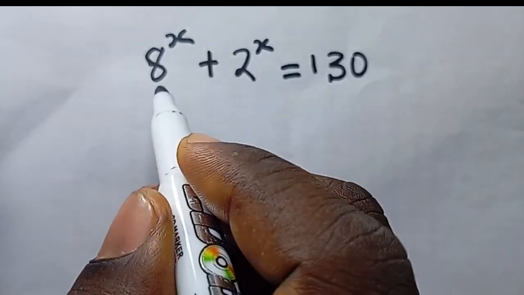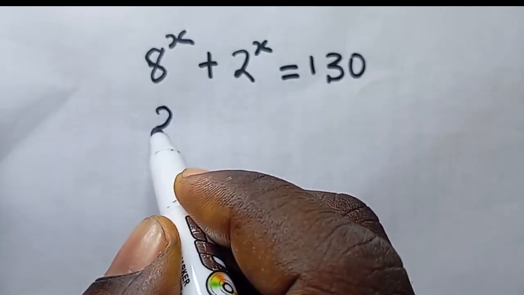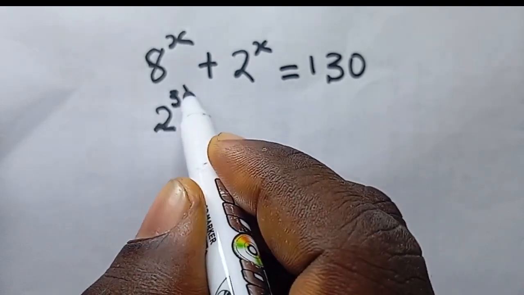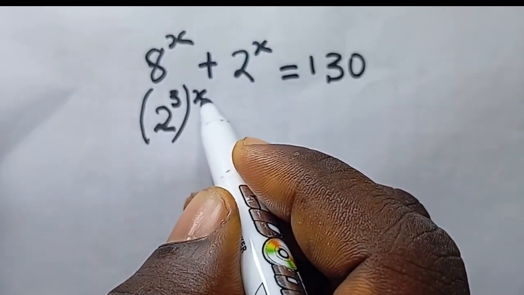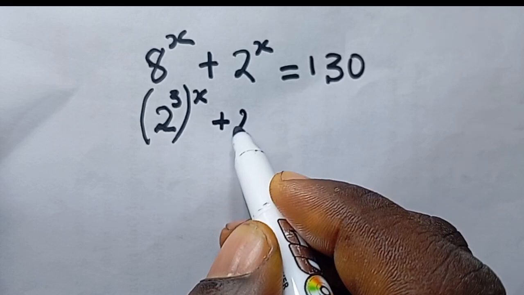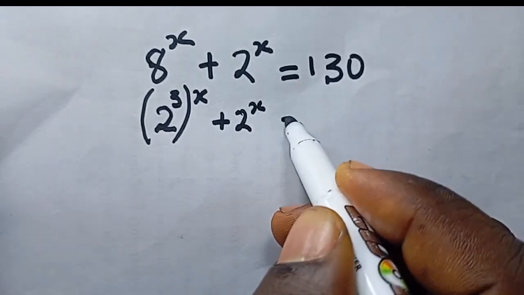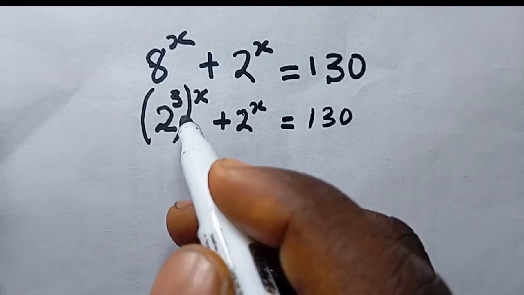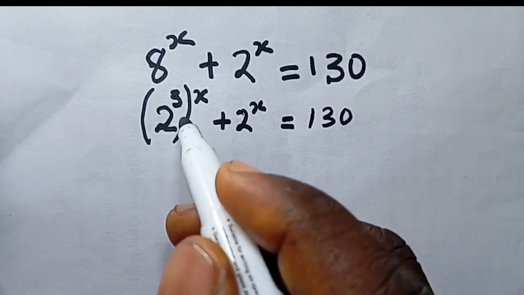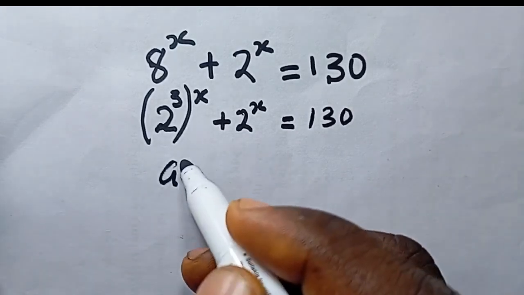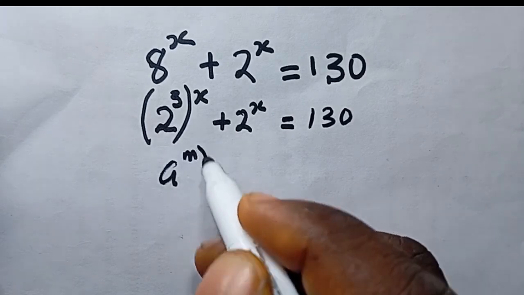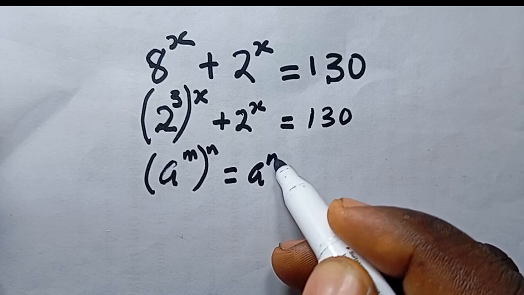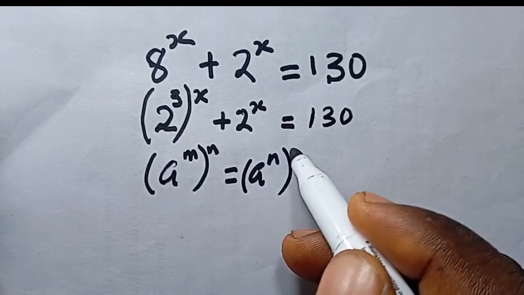So what I'm going to do is to rewrite this 8 in power of 2. So I can write 8 as 2^3, and I'll raise it to the power x over here. Then I put 2^x = 130. And then of course, if I apply the rule of indices right here, you know that if I have a^m in bracket, raised to n, I can write this as a^(mn).